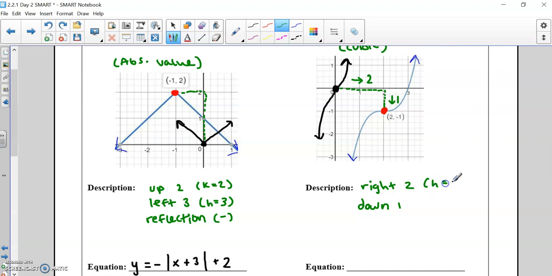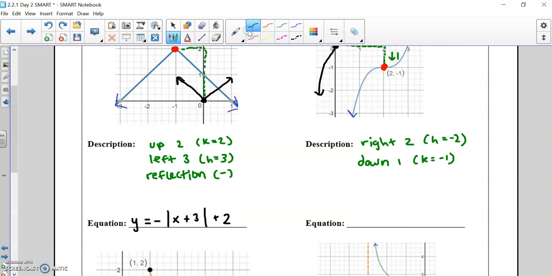So this tells us we have an h of -2. Remember, h is always opposite. If we move right, it's negative. If we move left, it's positive. It's obnoxious, but can't help it. So down 1, up and down movement is k's responsibility. So k is going to be -1. K is not opposite like h is, okay? So down does mean negative, up does mean positive.